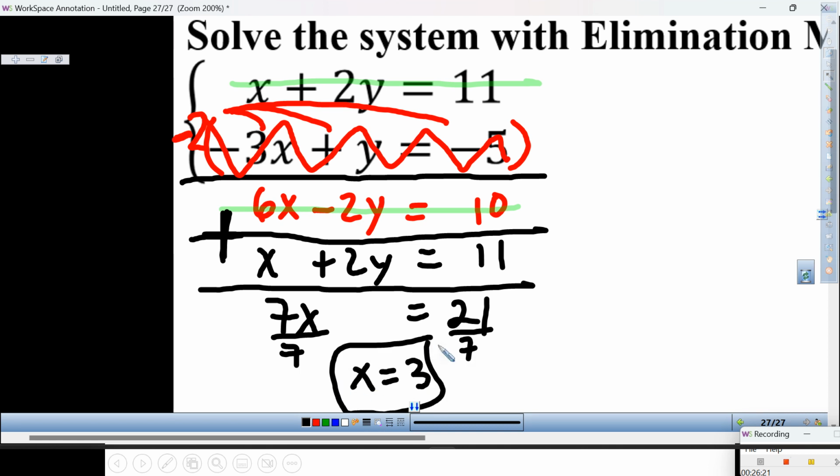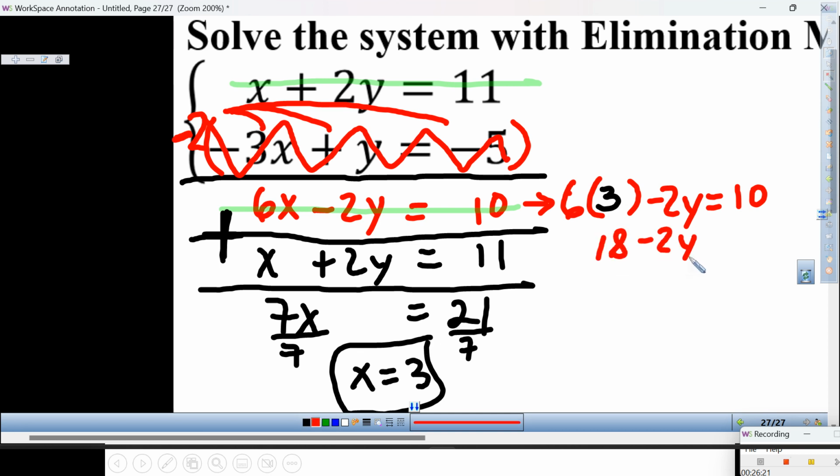And then? Plug it in. Oh, okay. 6 parentheses minus 2y equals 10. So we substitute the x. So this is 18 minus 2y equals 10.